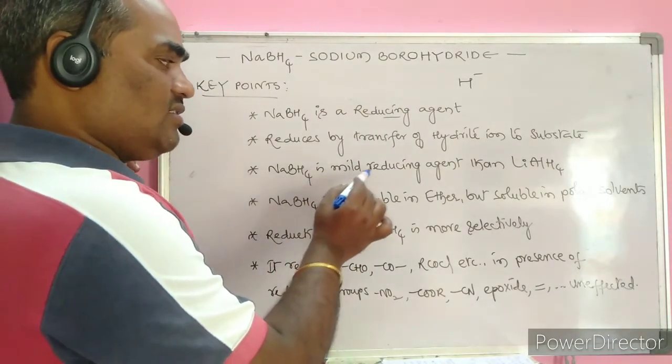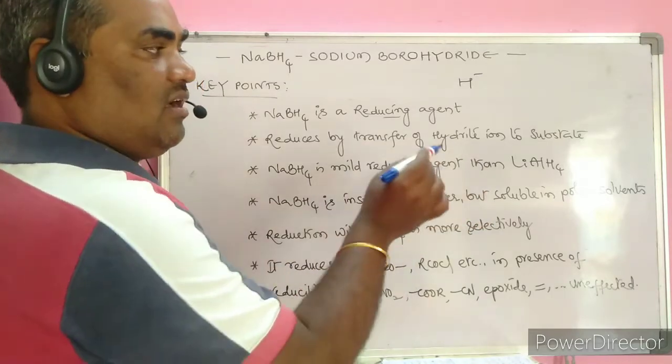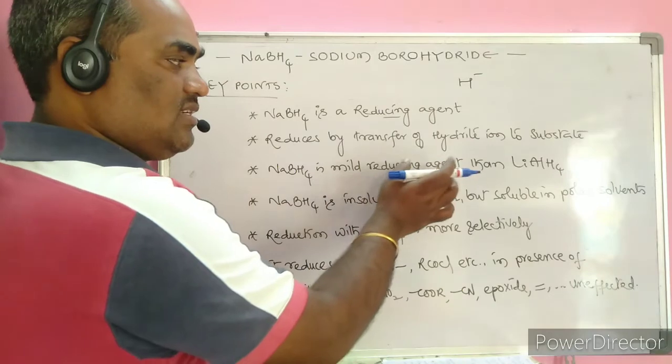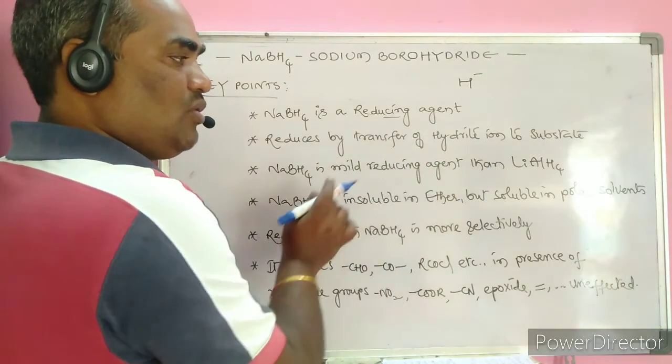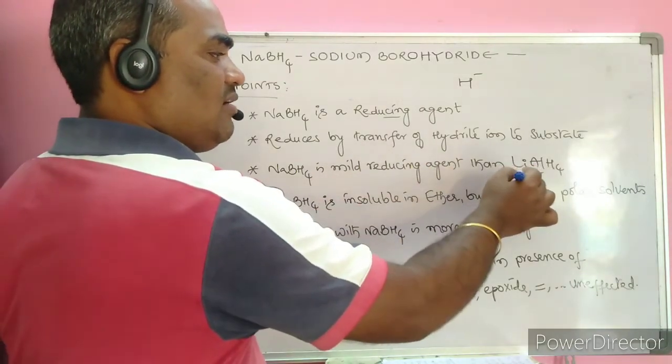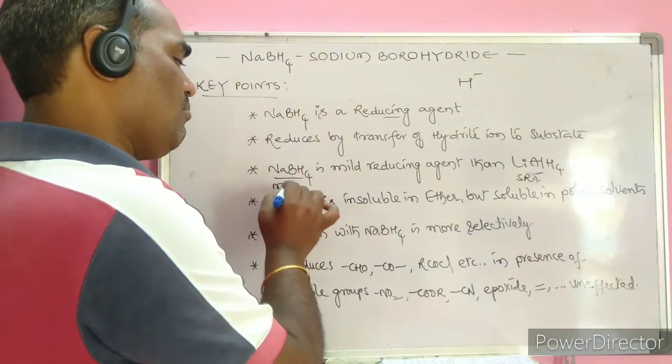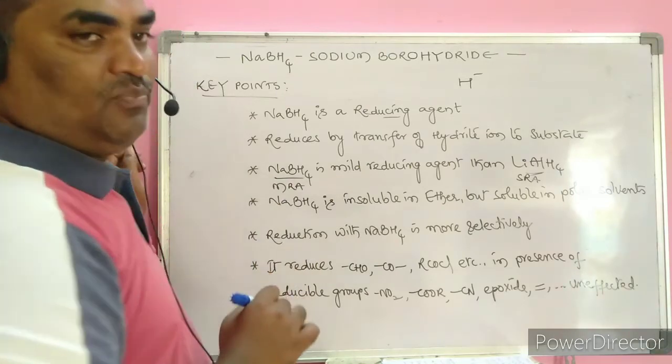Sodium borohydride is a milder reducing agent compared with lithium aluminum hydride. In the order of reducing property, lithium aluminum hydride is the strongest reducing agent, whereas sodium borohydride is a mild reducing agent.